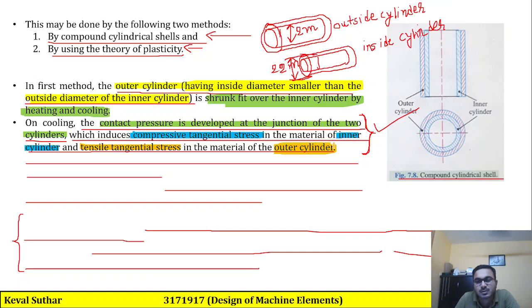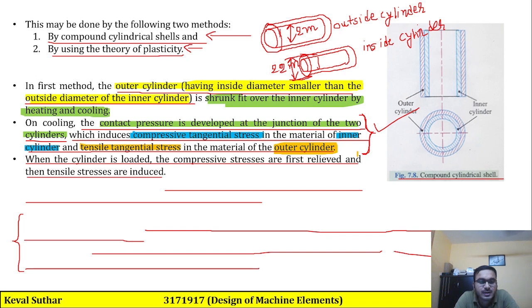This statement will become clear once we derive the stresses. Then you will understand how exactly the inner cylinder has compressive stress and the outer cylinder has tangential tensile stress. So when the cylinder is loaded, the compressive stresses are first relieved and then the tensile stresses are induced.